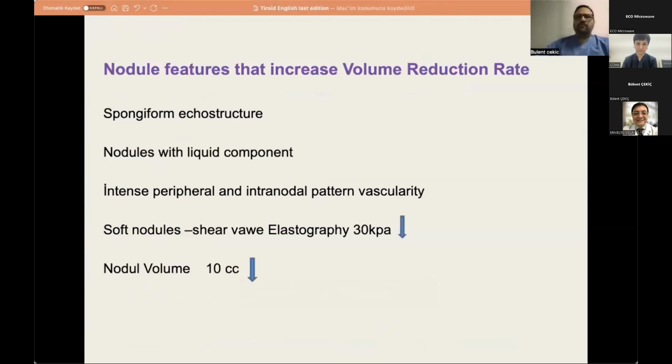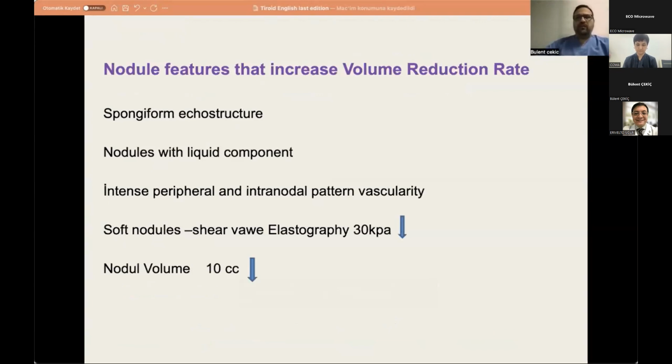And we have some criteria for which nodule must be chosen for thyroid thermal ablation for a good volume reduction rate. The best candidates are spongiform echostructures, nodules with a liquid component, intense peripheral and intranodal vascularity, and soft nodules.